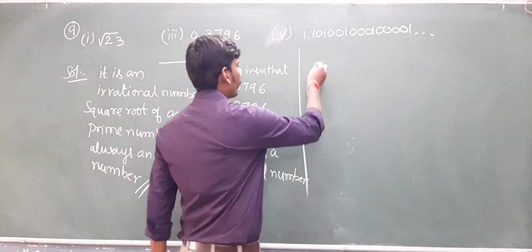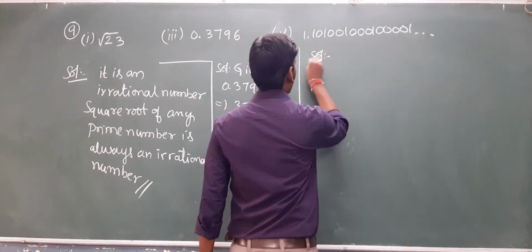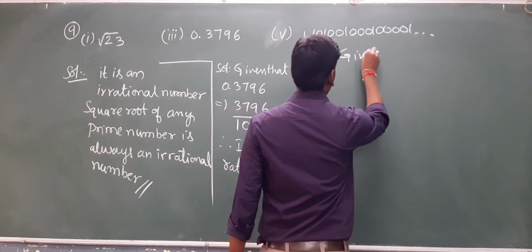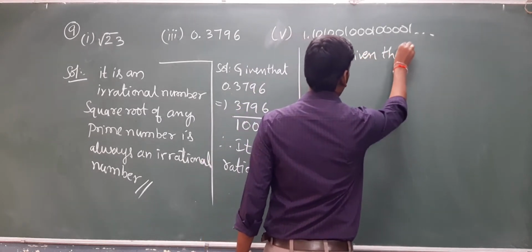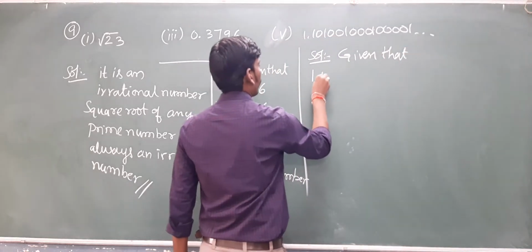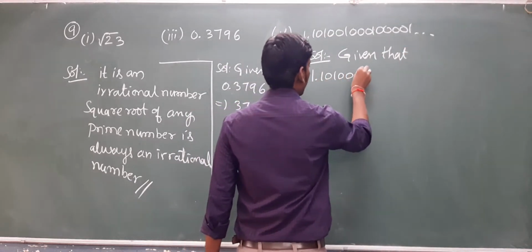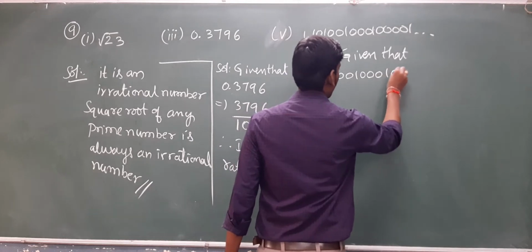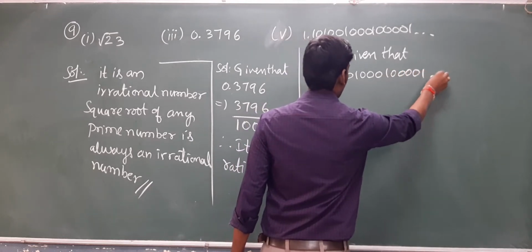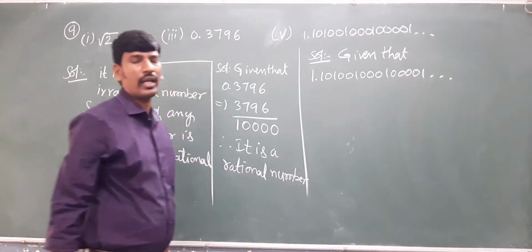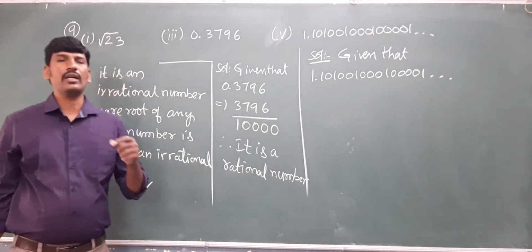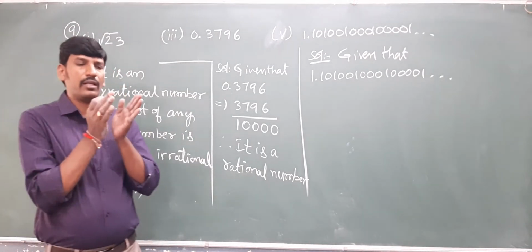Now coming to your fifth question, the solution: given 1.10100100010000. Did you observe any digits repeated here?